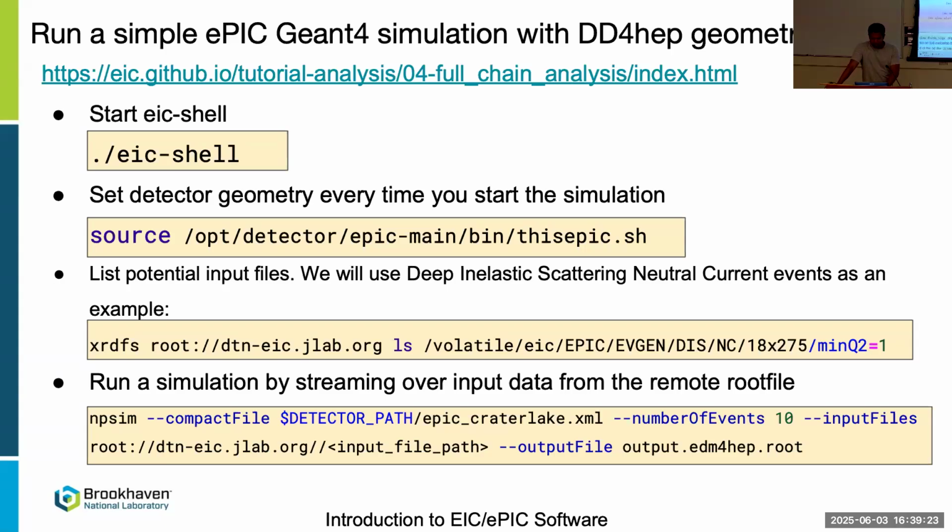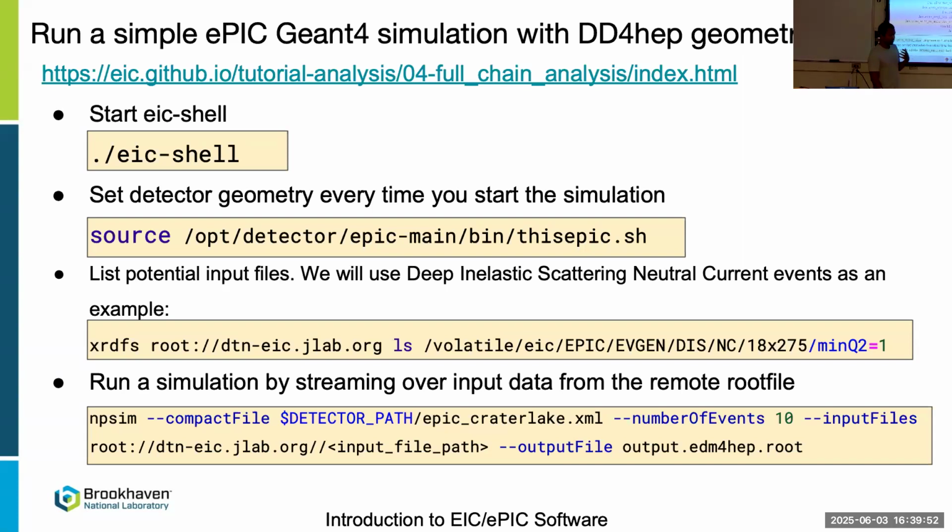In the detector path, you'll see there's not just this one geometry configuration. There's epic crater lake, epic kilometers, epic crater lake that's subscripted with energy, and you might wonder what all that means. All of those are just different variations of the detector geometry.